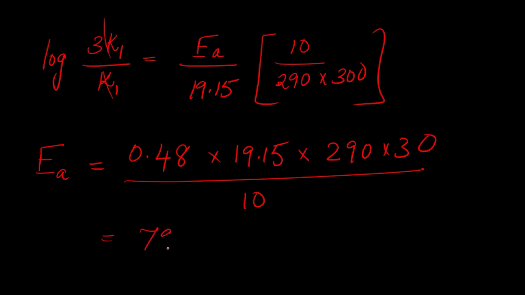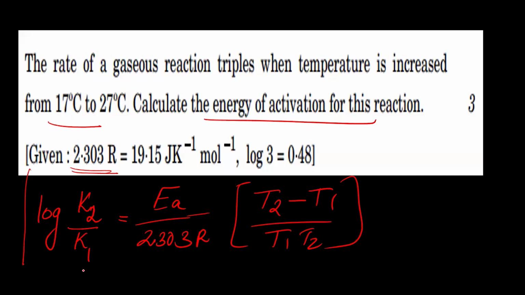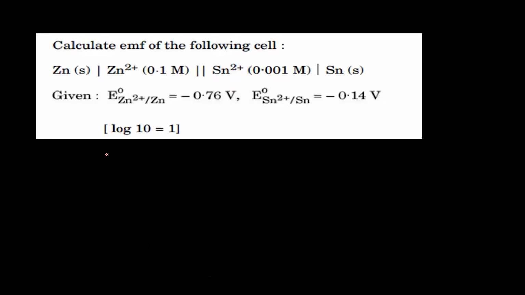You'll be getting activation energy as 79970 joules per mole. Okay, this is the activation energy. So you must study the equation relating temperature and activation energy. Sometimes you will be asked to find the temperature. Activation energy is very importantly asked in this. So you have to find it, other data will be given. Okay, moving to the next question.